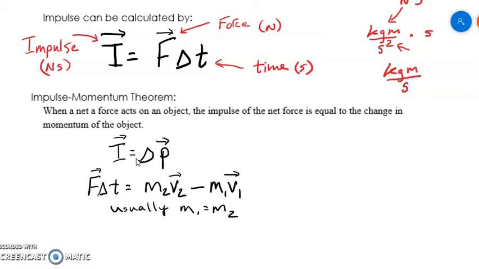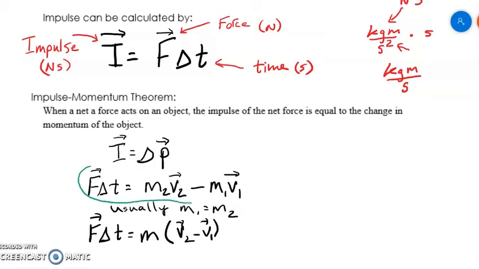Okay, so then we can usually, in most situations, say force times change in time is equal to common mass times the change in velocity, v2 minus v1. Okay, so this force times change in time equals change in momentum.